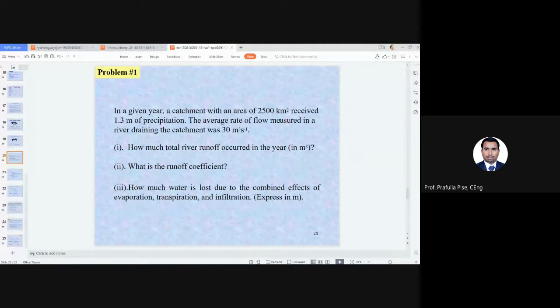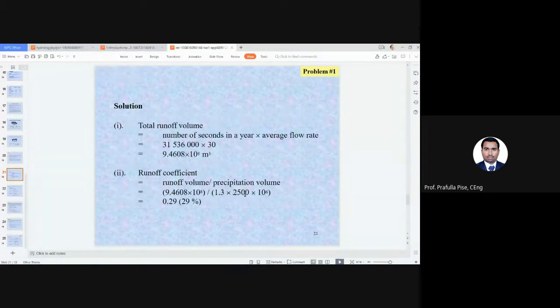So it's area times depth that gives you volume. 2,500 kilometers square, we have to convert that into meter square. 1 kilometer equals 1,000 meter, so 1 square kilometer equals 10 to the power 6 meter square. So that's why they have multiplied by 10 to the power 6.